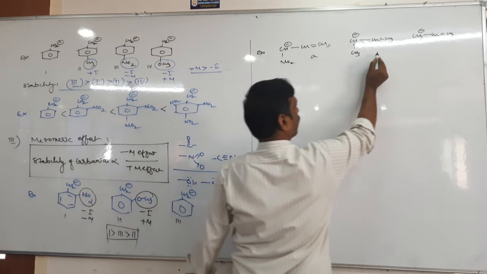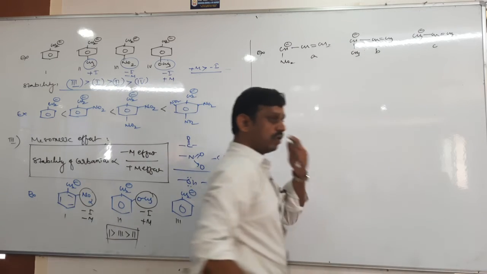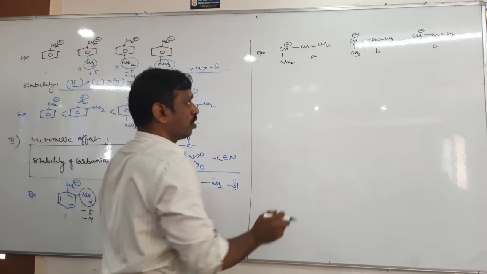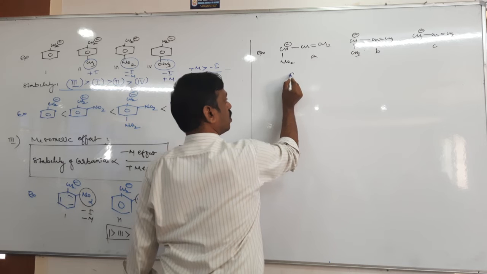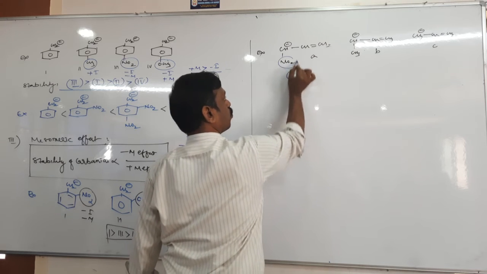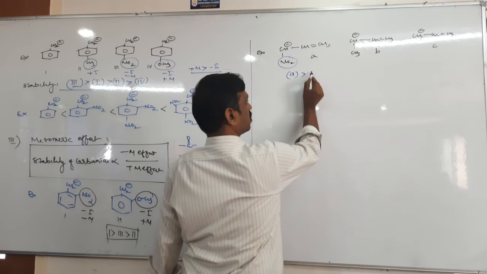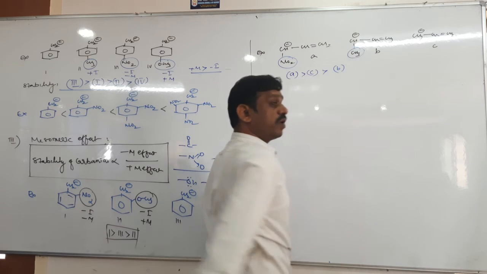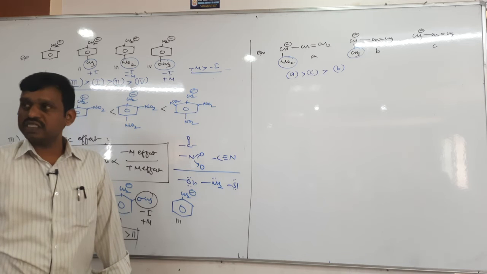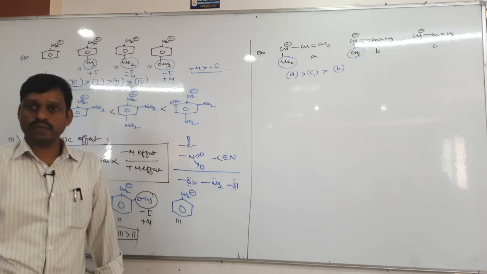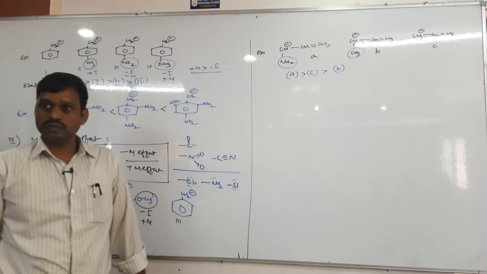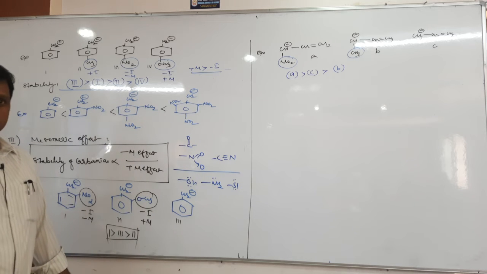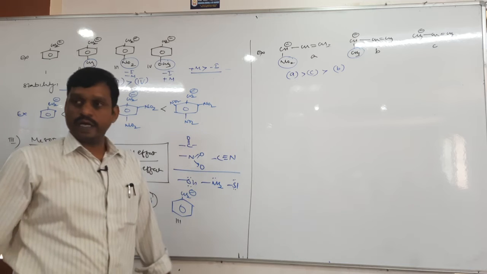It is A, B, C. Tell me, what is the order of stability, decreasing order? Which is most stable? A is most stable because of NO2. Next C is stable. Then next comes B, because B is unstable because of the plus I effect. Okay, so like that mesomeric effect also stabilizes and destabilizes the carbanion.